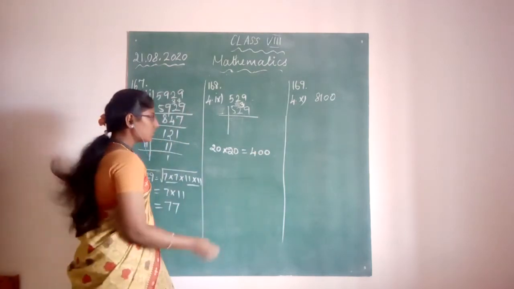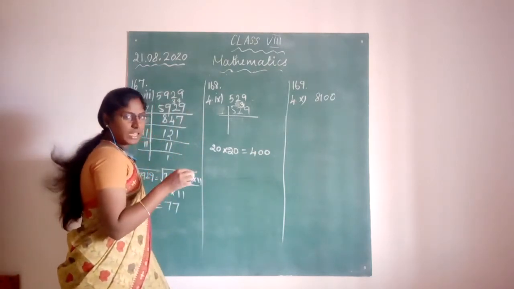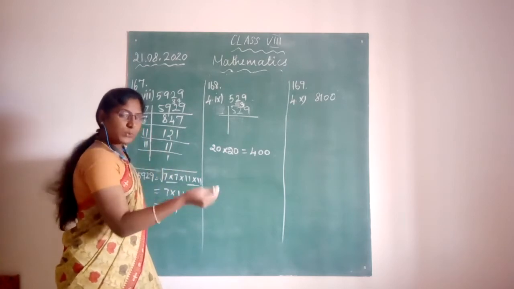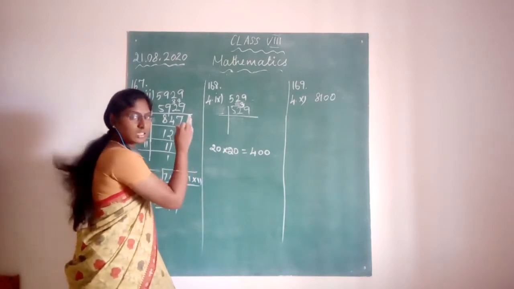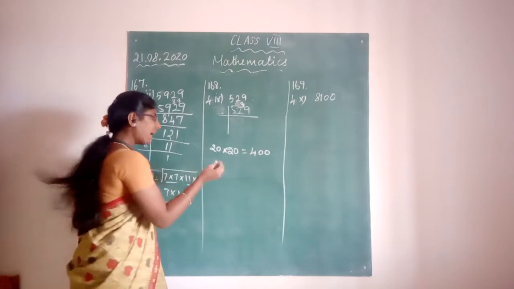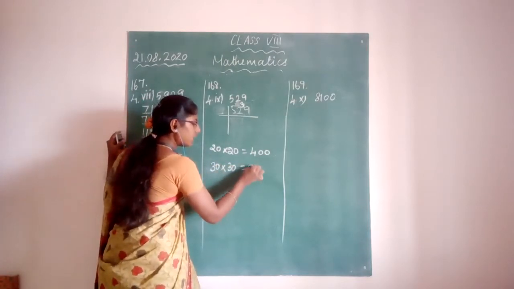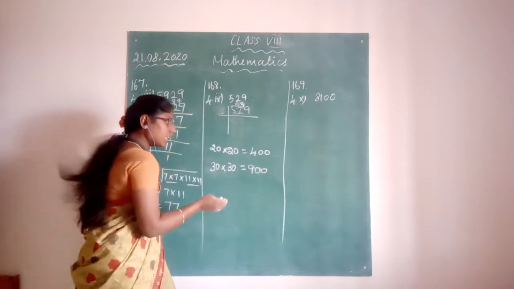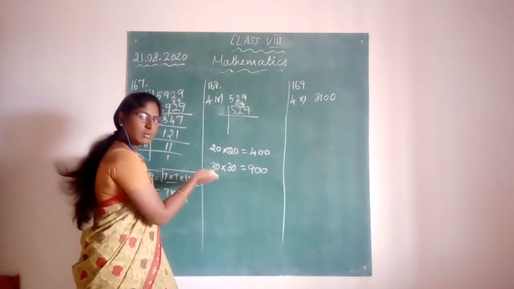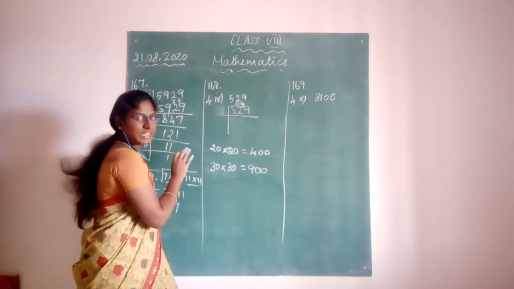So some number above 20 will be the square root of this number. And we also know 30 into 30 is 900. So any number lying between 20 and 30 will be the square root of 529.